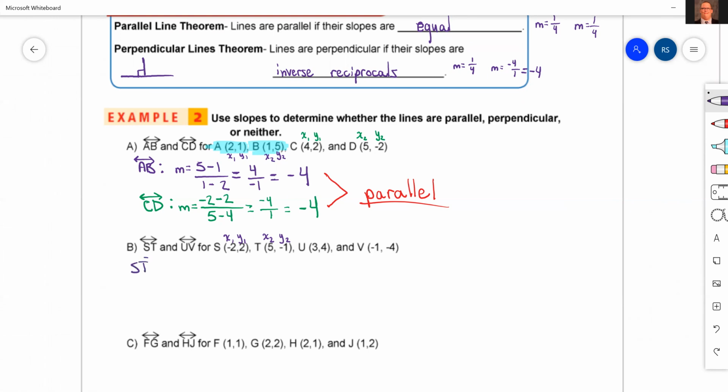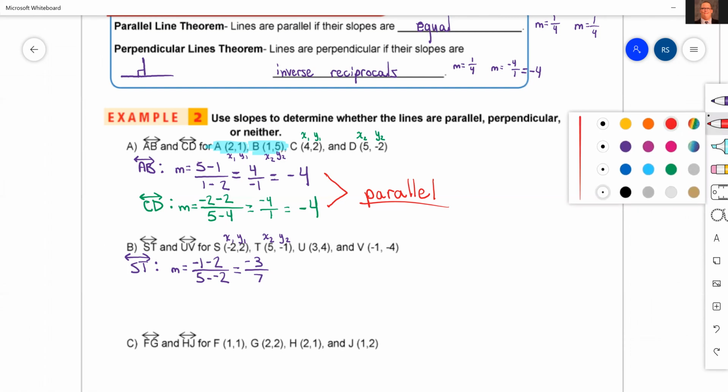So for ST, we do y2, which is -1, minus y1, which is 2, divided by x2, which is 5, minus x1, which is -2. -1 minus 2 is -3 over 5 minus -2 is 7. Can we reduce that one? No. So we're done with that slope.